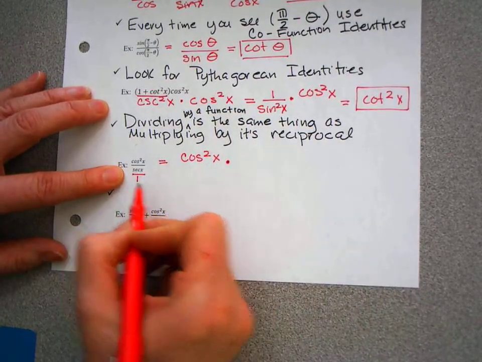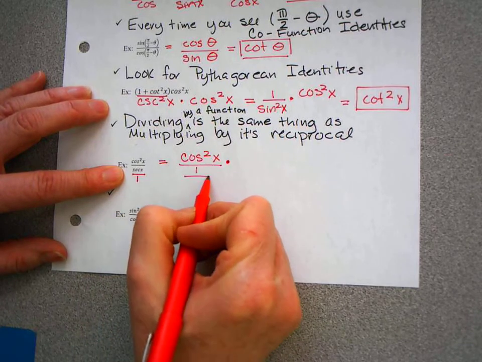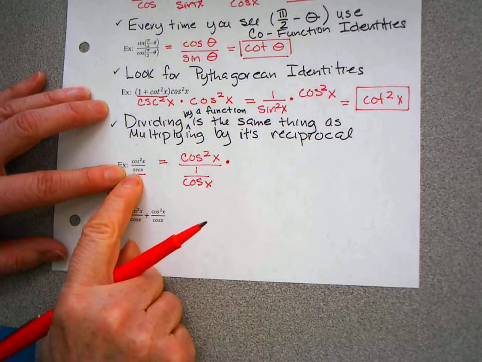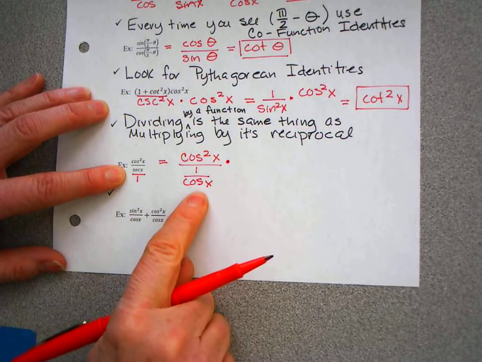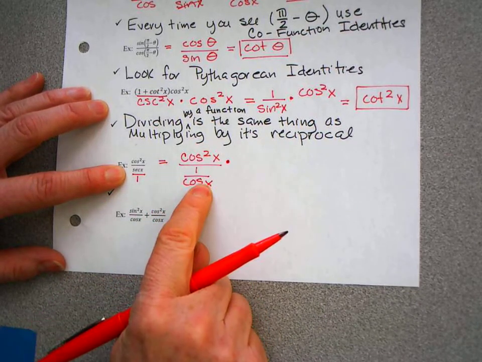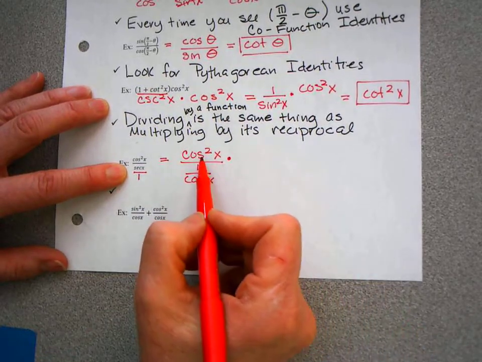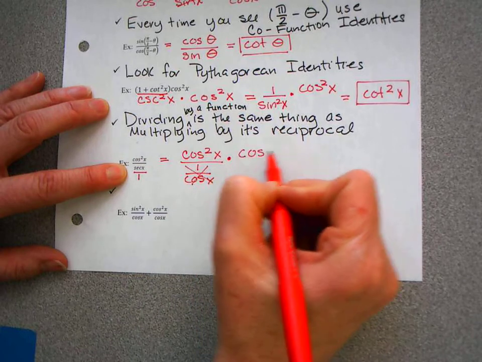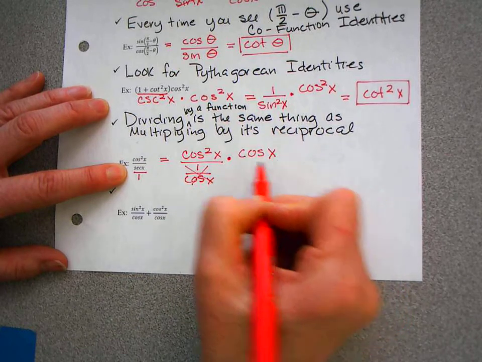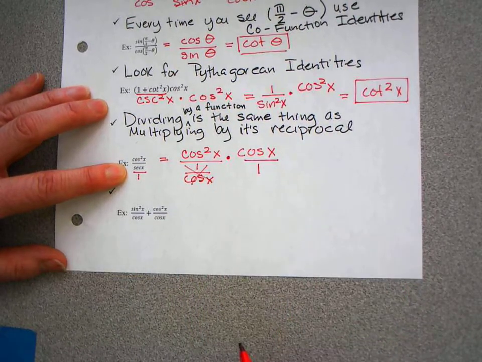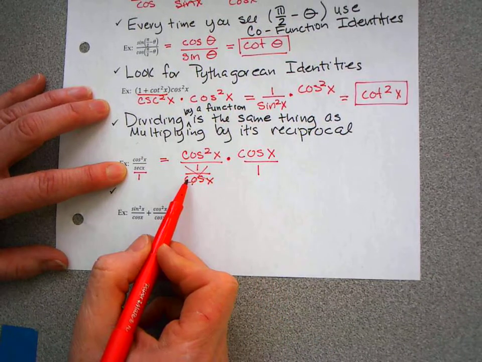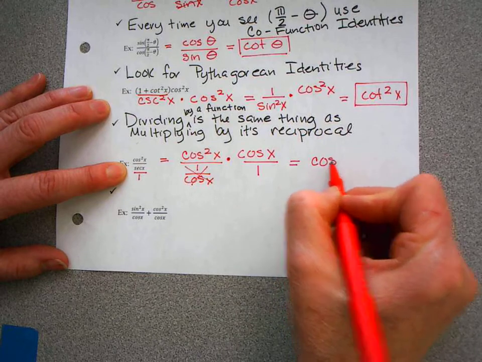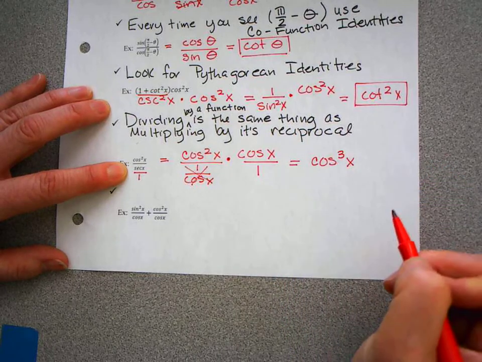Write the secant as 1 over the cosine of x. Now, how do I do that division? I take the numerator and I multiply by the cosine of x over 1. Okay, so substituted, and then I get the cosine cubed of x. Simpler than that.